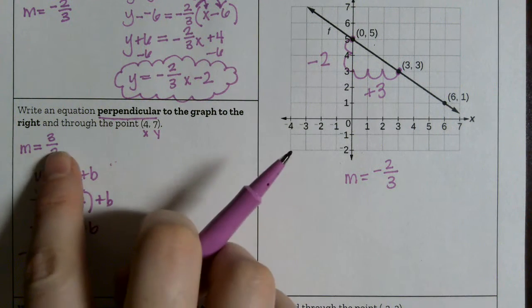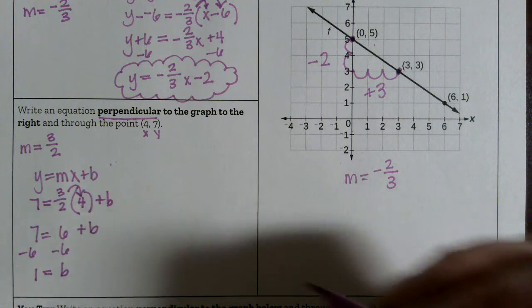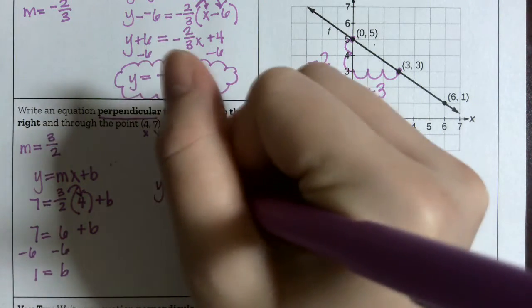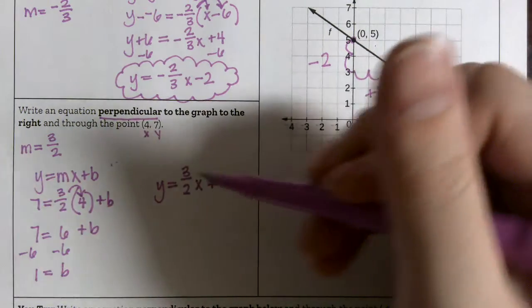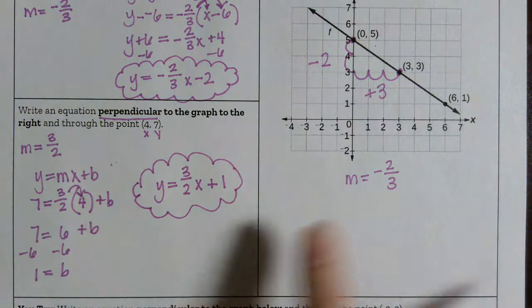So using this method, you get your m and your b separately, and then you have to plug them in yourself. So I have to go ahead and plug them into y equals mx plus b to get this equation. And this is my equation perpendicular to the graph and through the point.